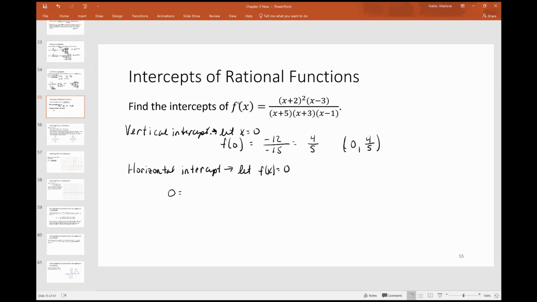Well, 0 times the denominator is still 0, right? So we don't even care about that denominator there. All we have to look at is the numerator, right? So we just want to solve 0 equals x plus 2 squared times x minus 3. Again, we don't care about that denominator, x plus 5 times x plus 3 times x minus 1, because solving this equation, the first thing that we would do is multiply both sides by the denominator to clear it, and then it just goes away.